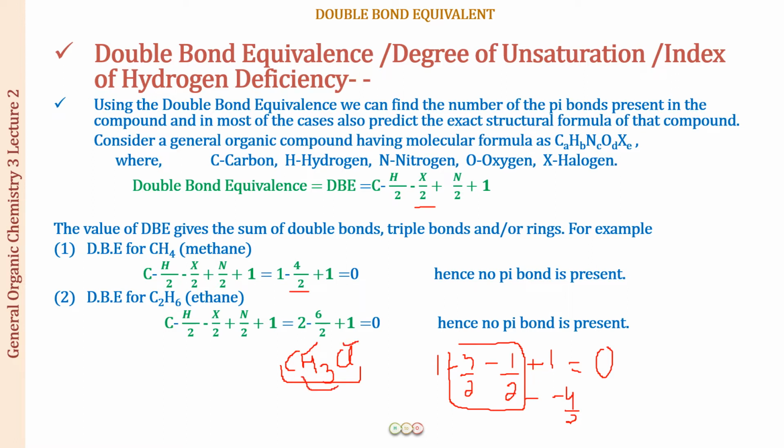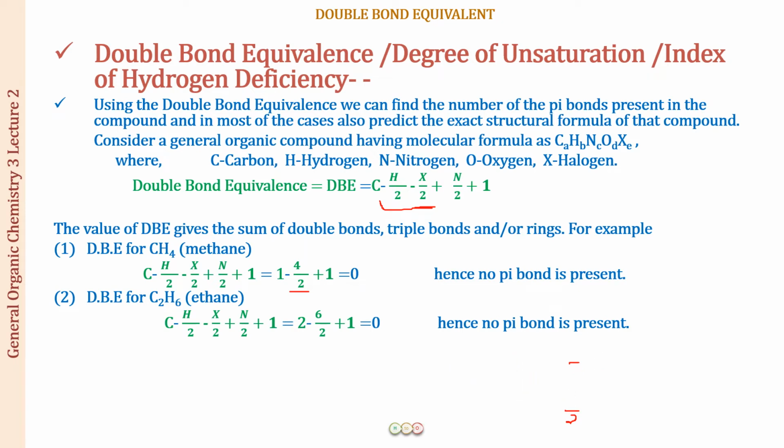Total them up, divide by 2 and subtract that number. Essentially this comes to the same DBE value. So either do minus H by 2 minus X by 2, or add the number of hydrogens and halogen atoms, divide by 2 and subtract. The DBE value remains the same. I hope this is now clearly understood.